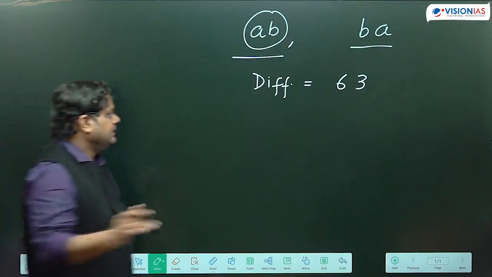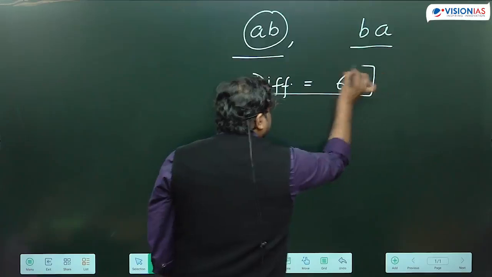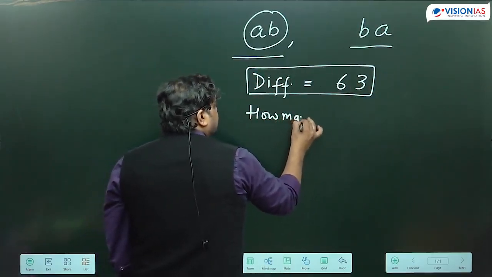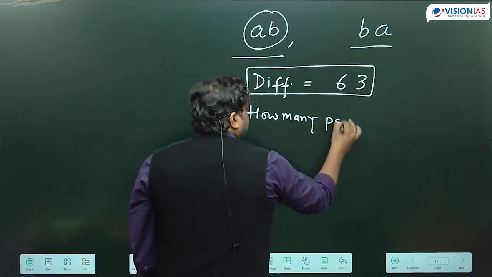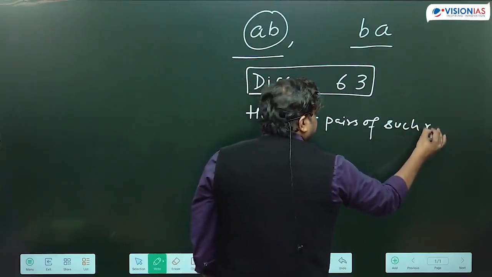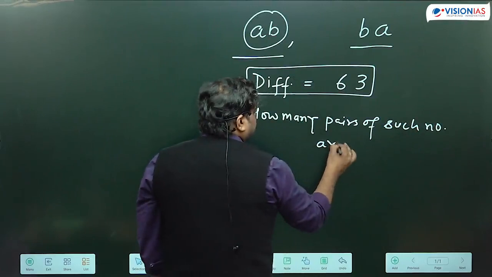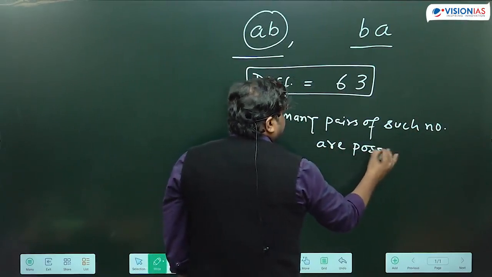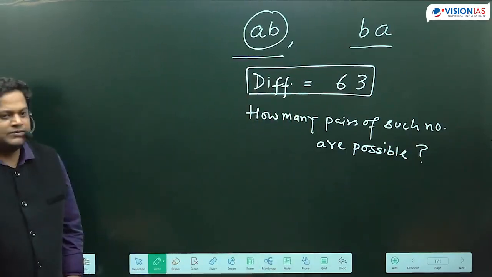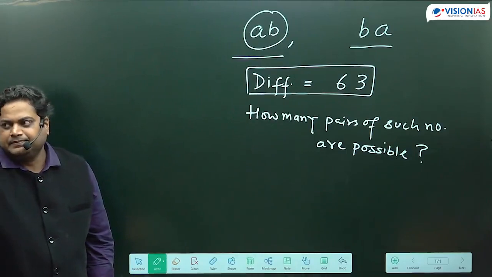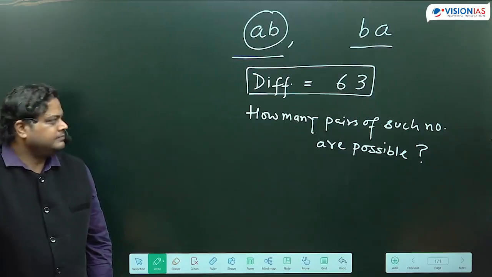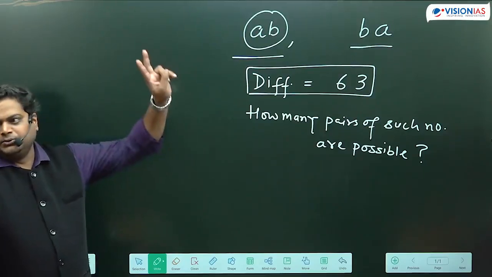It can be. Their difference is 63. How many pairs of such numbers are possible? This is the question. And we are talking about 2-digit numbers only.